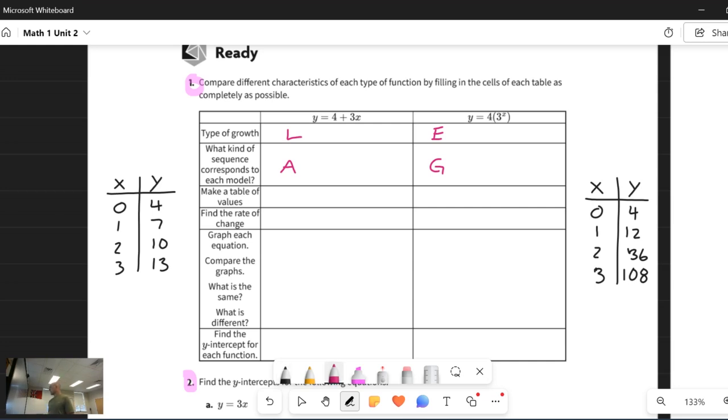So when we look at the first table on the left and we say, find the rate of change, we're just asking what it's increasing by. Every time our x goes up 1, what does our y value do? And we see that this is a rate of change of plus 3. On the other hand, when we look at our table on the right, we've got 4 to 12 to 36 to 108, and we know that this is going to be multiplied by 3.